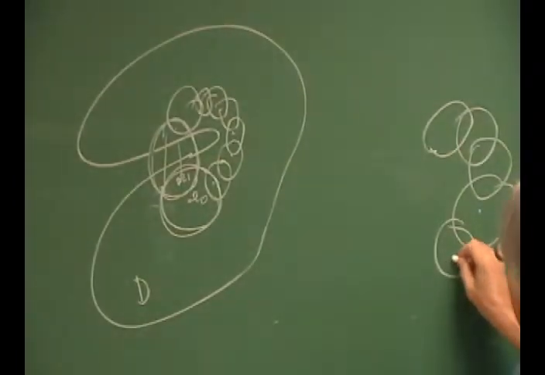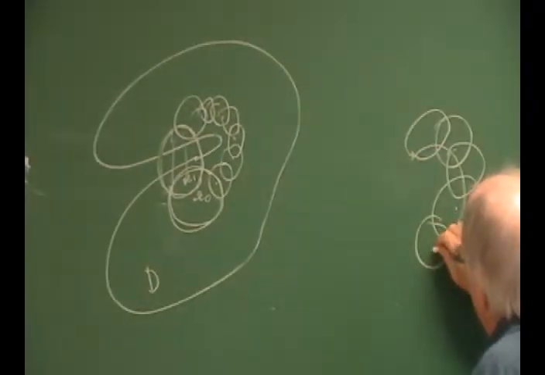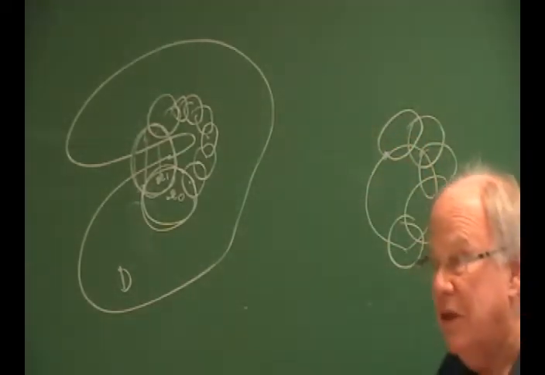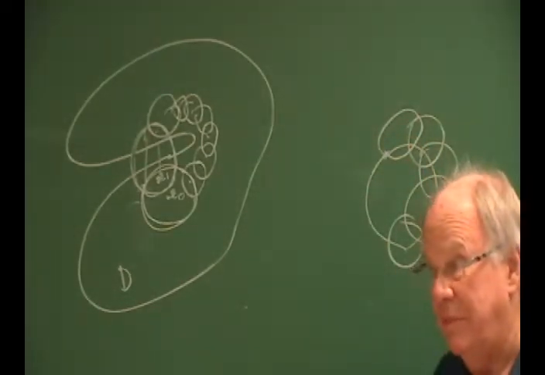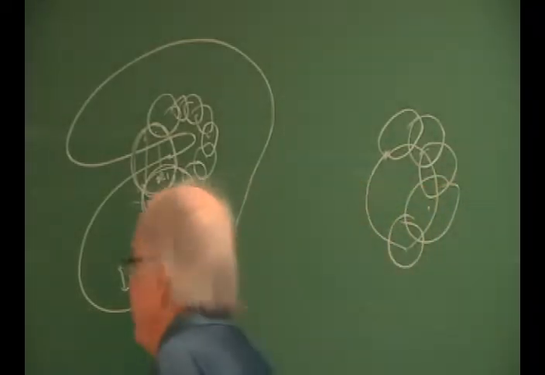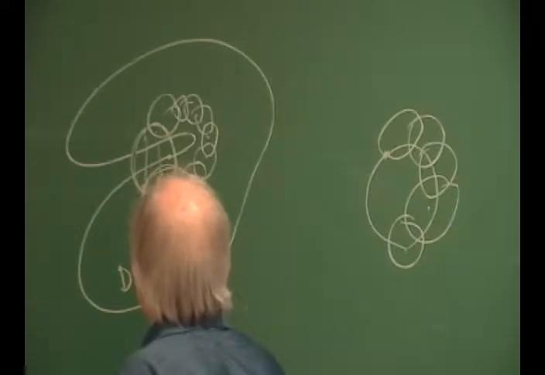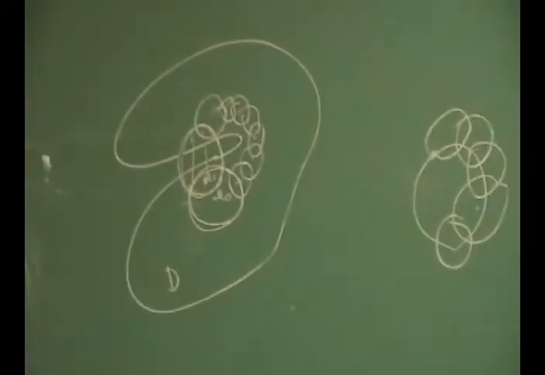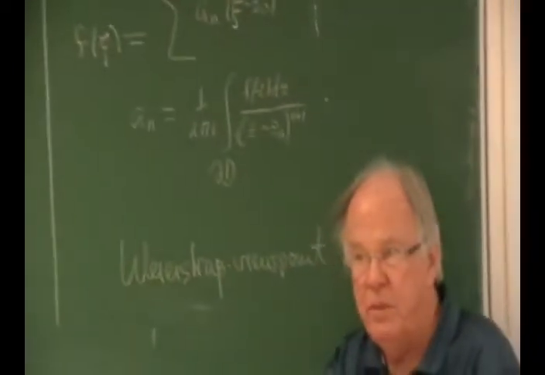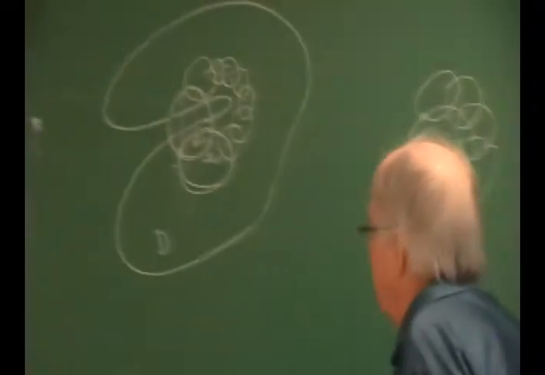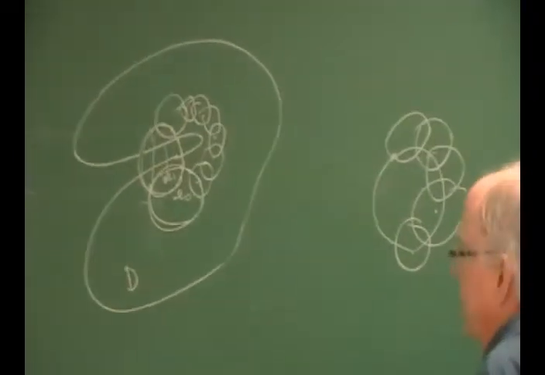So you have a power series expansion around here, and you have a power series expansion around here, and it's not at all clear you get the same power series expansion. Right? Okay. So this is what Weierstrass was talking about. All holomorphic functions are power series expansions, but that's a local thing and you have to put them together globally, the way they piece together. So this is going to play a big role in our discussions.